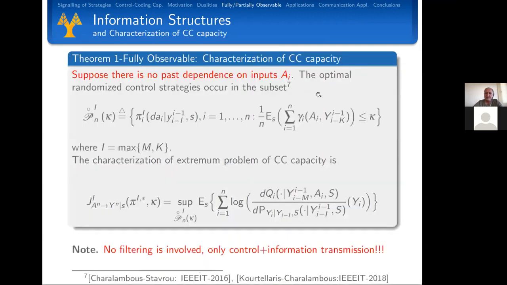This case tells me that the optimal randomized strategies would only depend on the previous outputs, which is I minus I, where I is the maximum memory of my payoff or of my control system model. So basically, you come up with this characterization. The fact that you know this is the information structure simplifies your model considerably. But another thing that comes up is that no filtering is involved if you try to optimize this quantity. It's only control and information transmission.